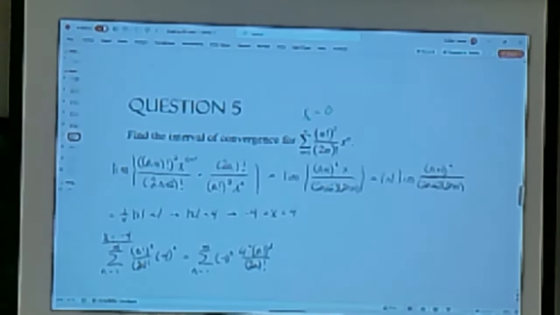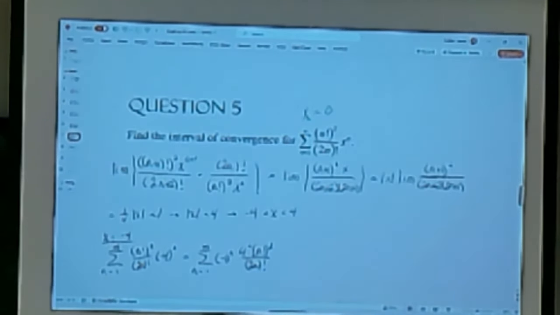Compare n factorial squared to 2n factorial. Again, a million factorial squared versus 2 million factorial. One million factorial squared completely dominates.